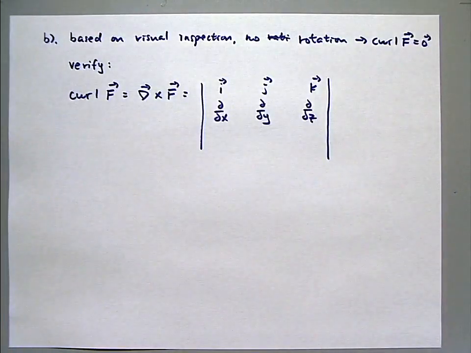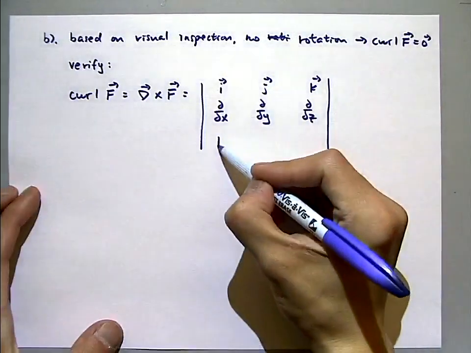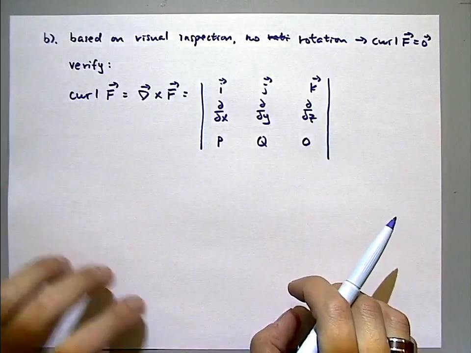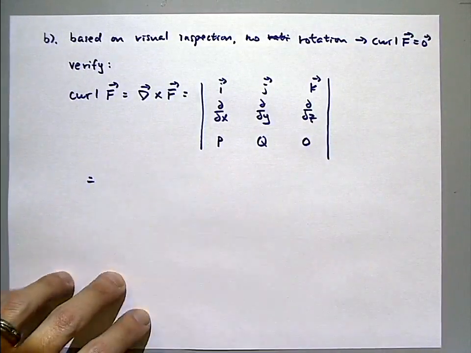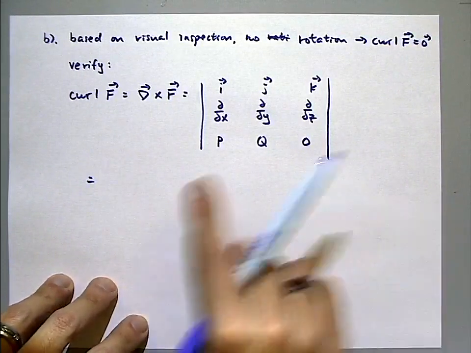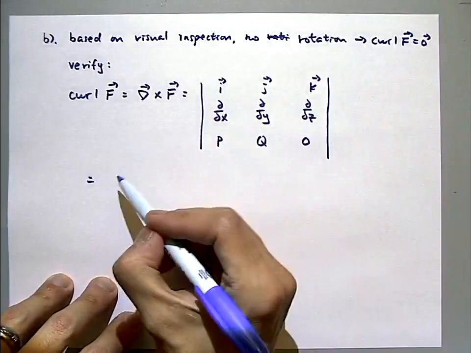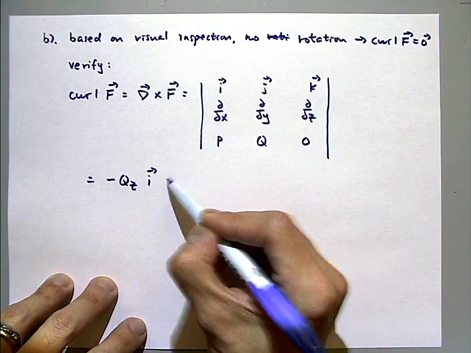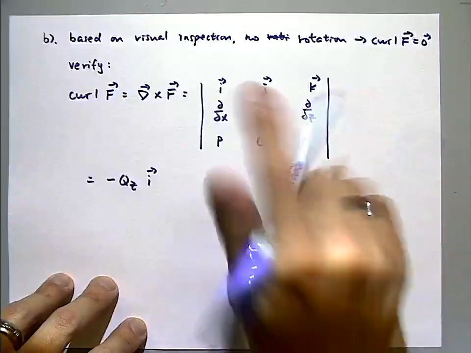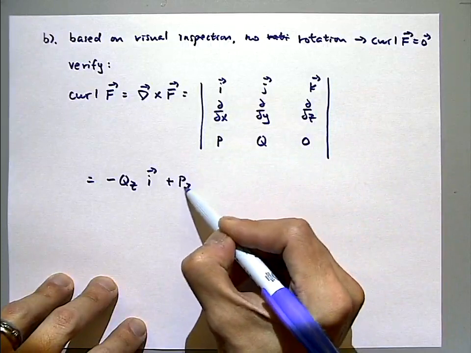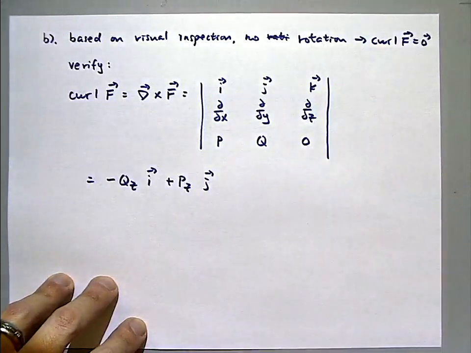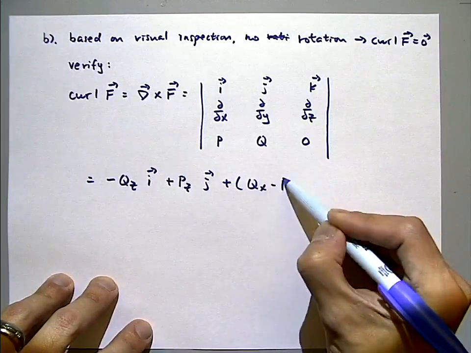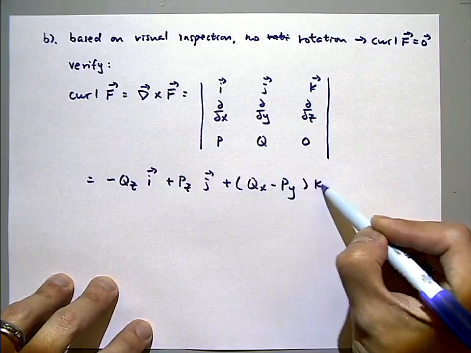The vector is P, Q with no z component. So let's see, the i component is going to give me 0 minus, well, negative Qz i. The j component is going to give me positive Pz. And then finally, the k component is going to give me Qx minus Py k.